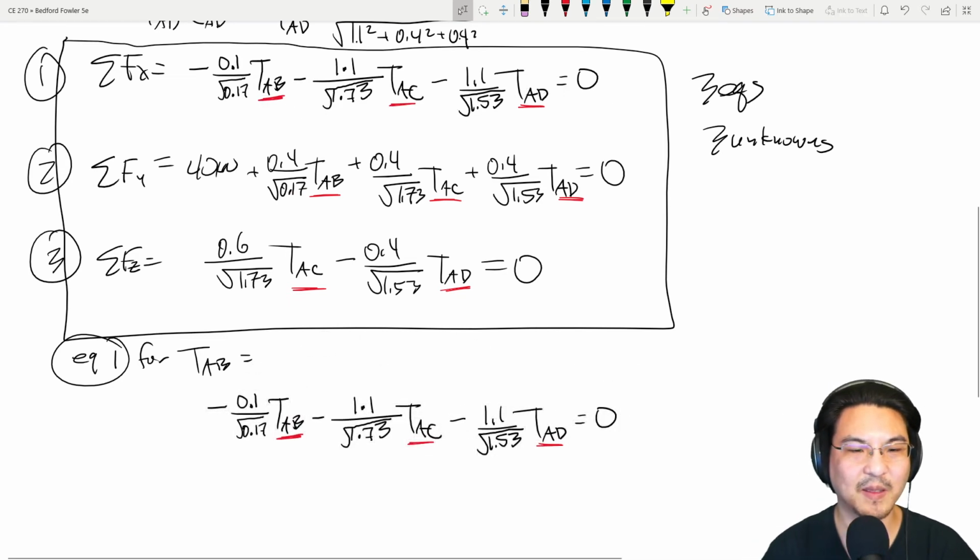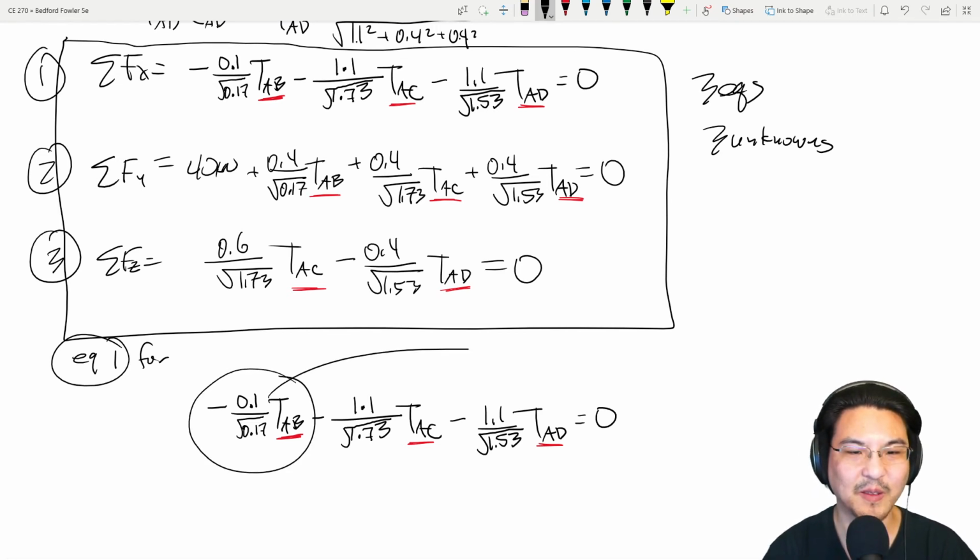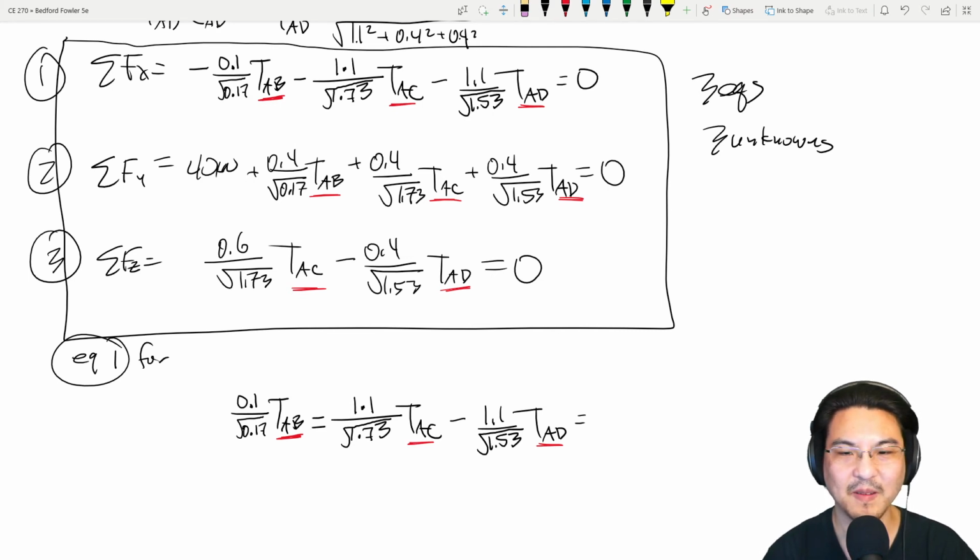I could move this to the other side of the equation and then multiply by the reciprocal here.